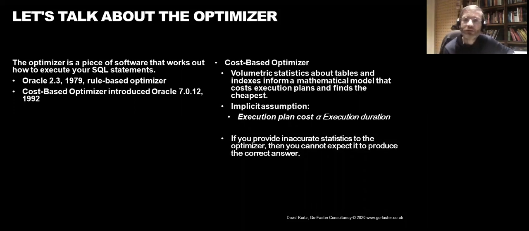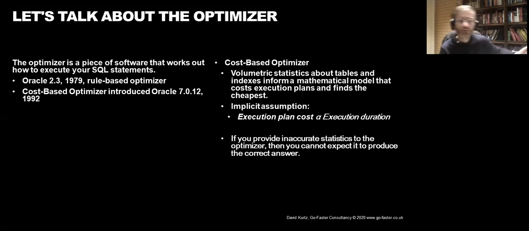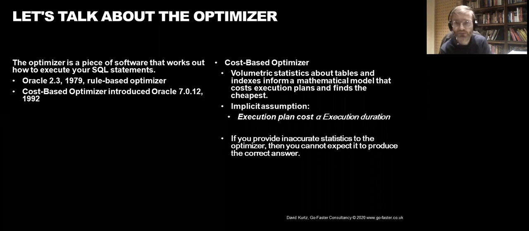The cost-based optimizer made its appearance in Oracle 7, around about 1992. And this is what we're now familiar with and have had ever since. The database collected volumetric statistics about the tables and the indexes, and they inform a mathematical model that costs different execution plans and finds the cheapest.